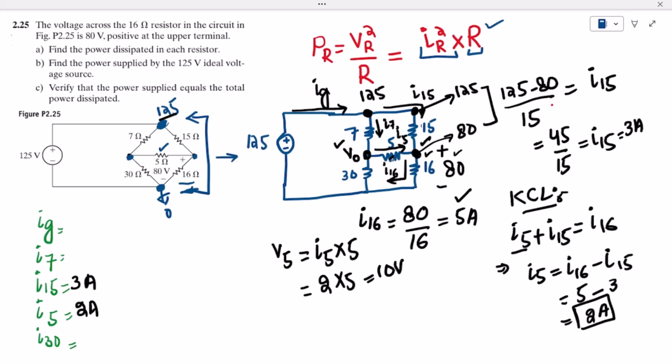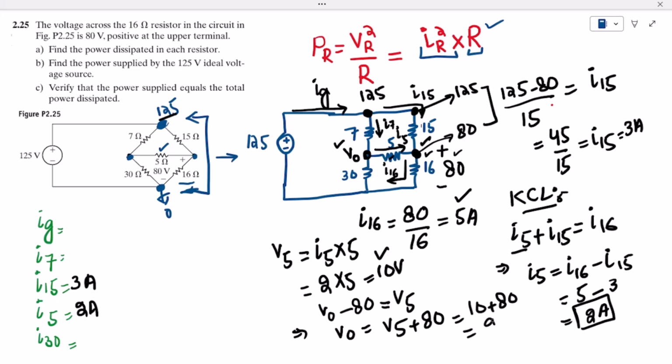So if we want to find out the value of V0, it will be V5 plus 80. The value of V5 is 10, plus 80, that is 90. So the value of voltage at this point is 90.